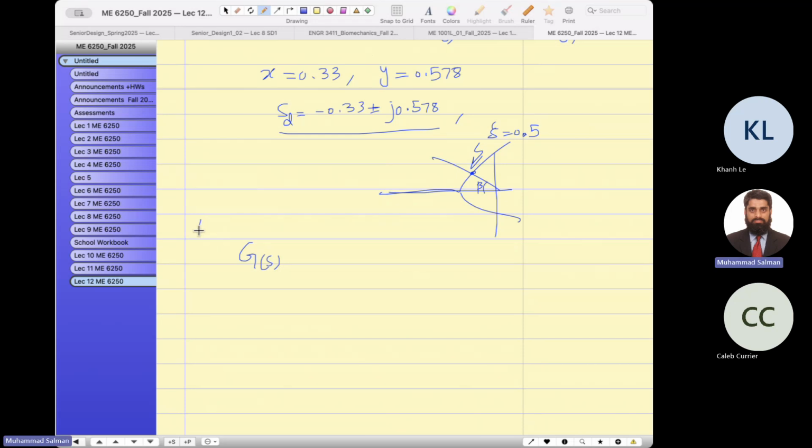This is an example. So you have to draw the root locus.